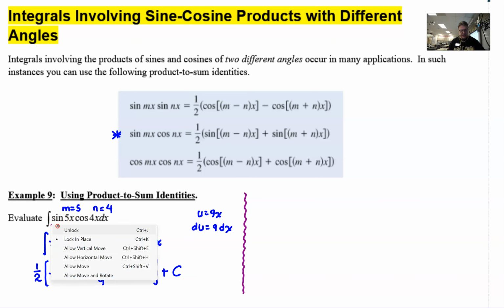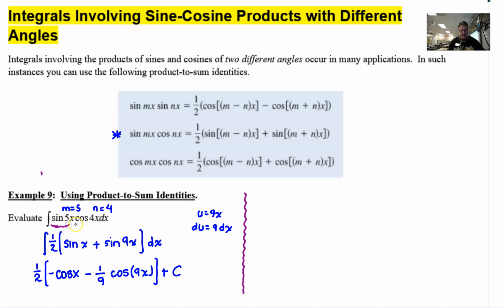You have two separate entities right here, a sine 5x and a cosine 4x, that are being multiplied together. And that's a tailor-made integration by parts problem. If you follow my acronym that I used, LIATE, you'll find that we're in a tie for T, trig, right?